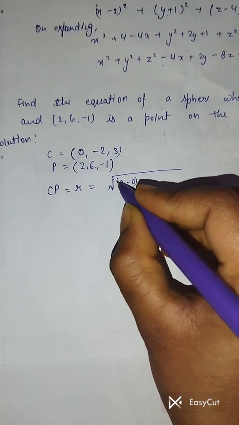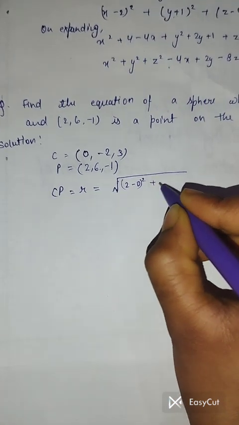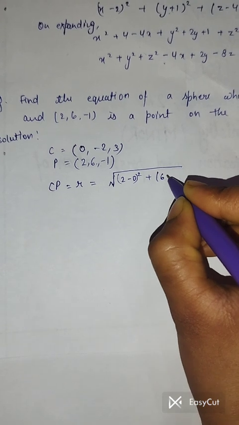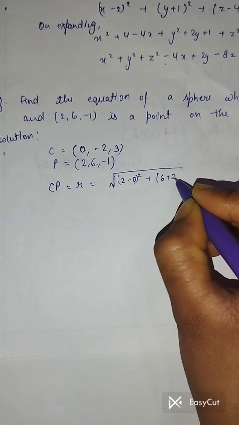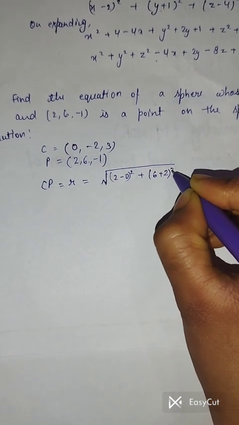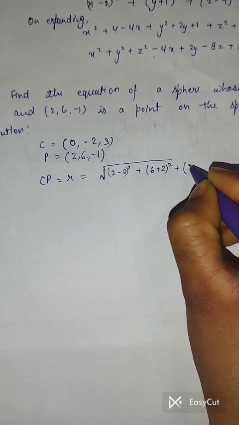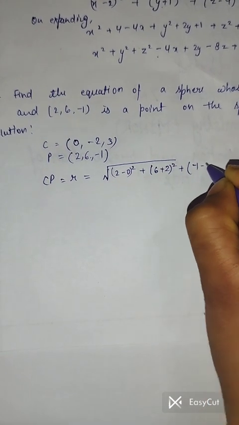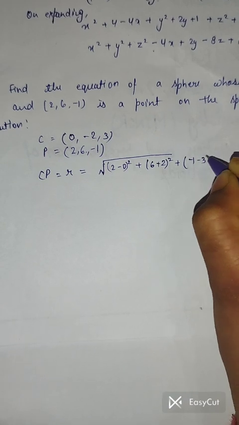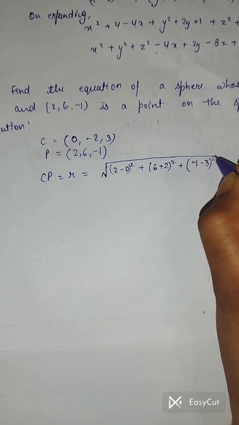So x2 minus x1 whole square plus y2 minus y1 whole square plus z2 minus z1 whole square.